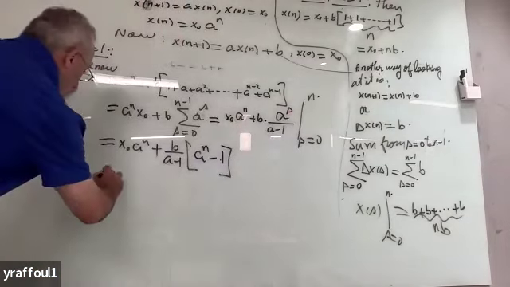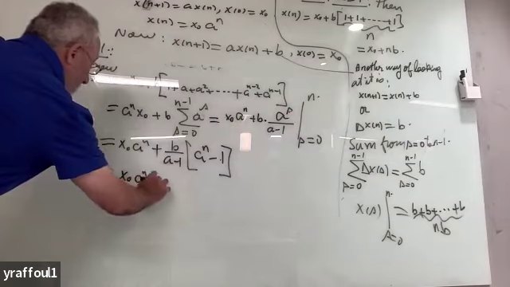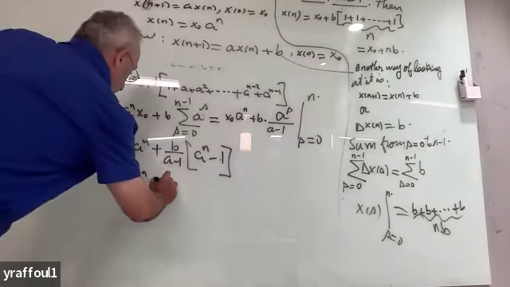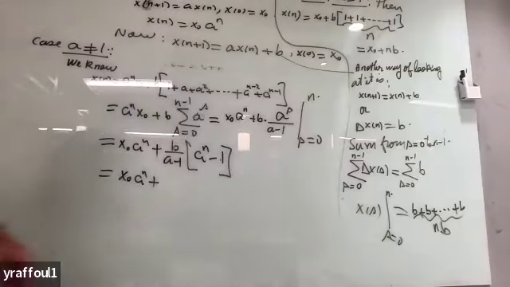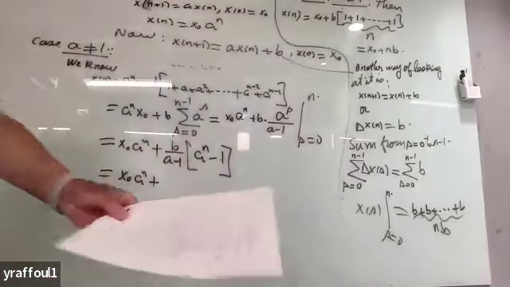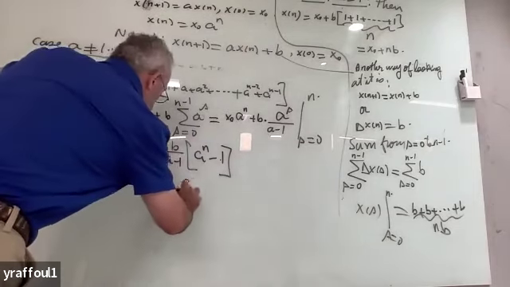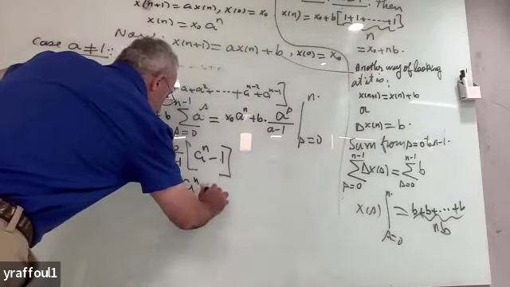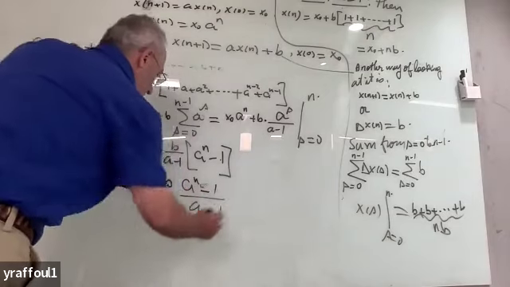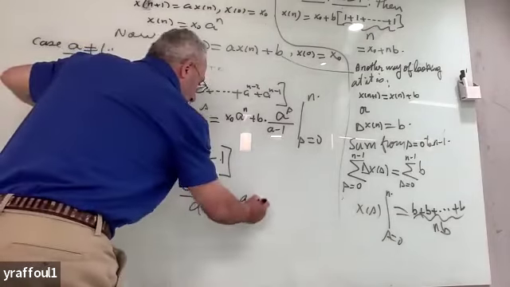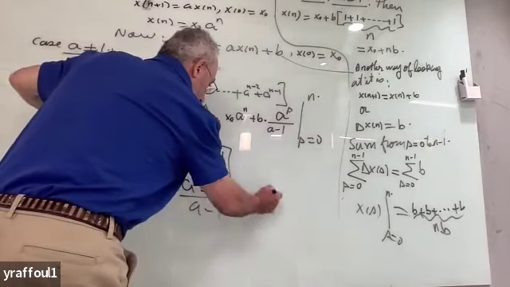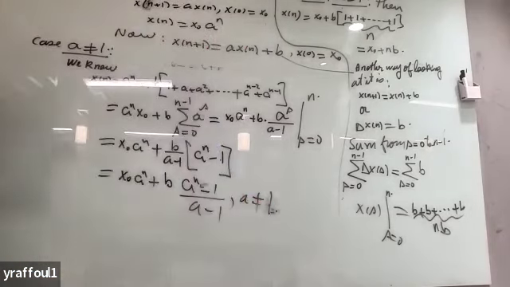And so this is x0 a^n plus, let me see how I wrote it in my note. Plus b (a^n minus 1) over a minus 1. And this is for the case a different from 1. Okay? All right.